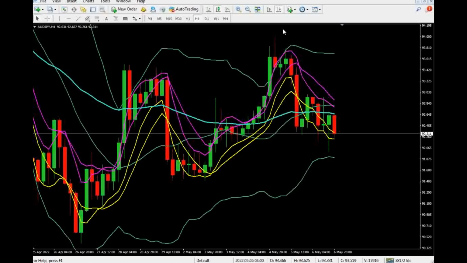And the target for selling, the first one is the low MA in here, and the second one is the middle Bollinger Band in here. So this is our second example of extreme.